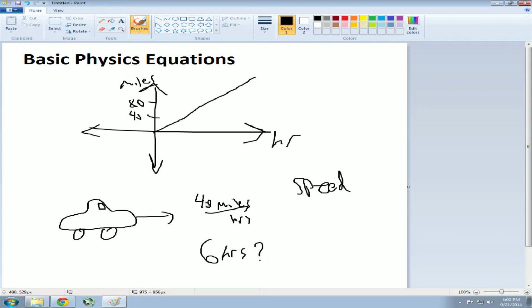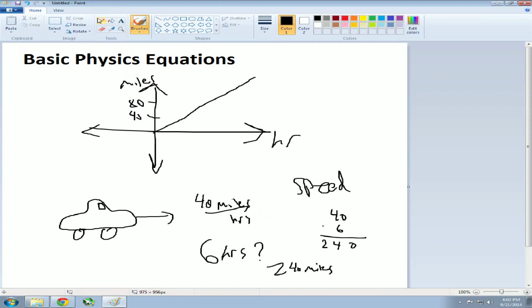Well, we know that in 1 hour you travel 40 miles, so in 6 hours you travel 40 times 6, which would be 240 miles. So if you're traveling 40 miles per hour, in 6 hours you travel 240 miles.